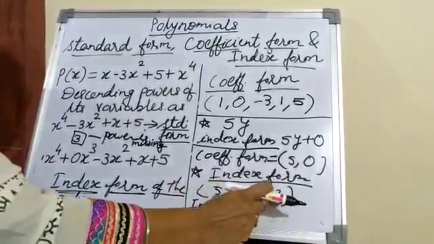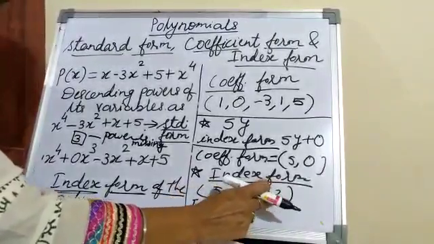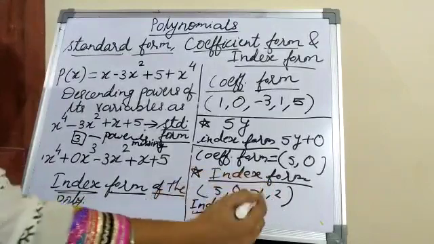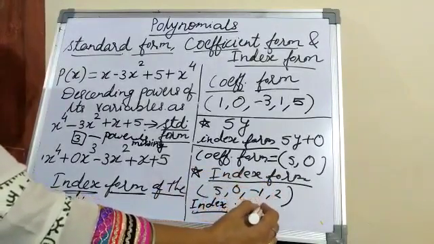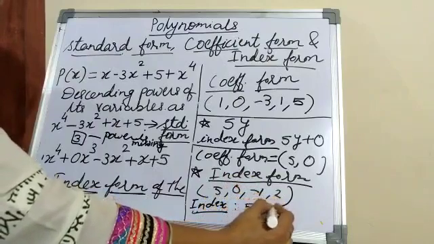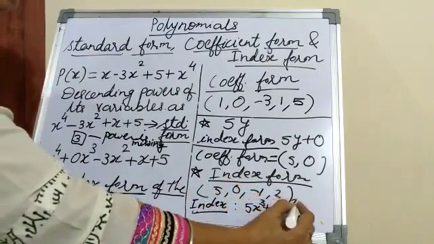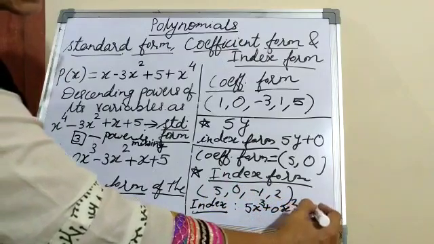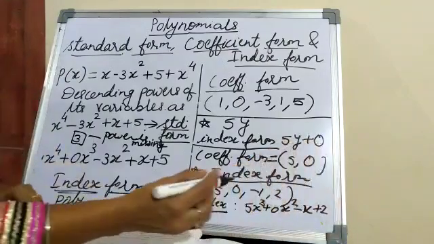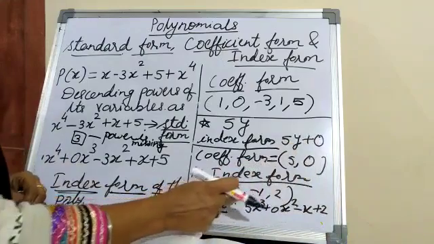To write its index form, the power of the variable will be 0, 1, 2 and 3. You can take any variable. Suppose I am taking x, so it will be 5x cube plus 0x square minus 1x, or you can write x, plus 2. See, how many coefficients are there? 4.